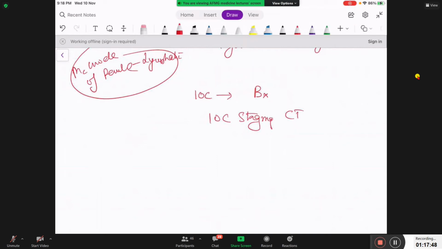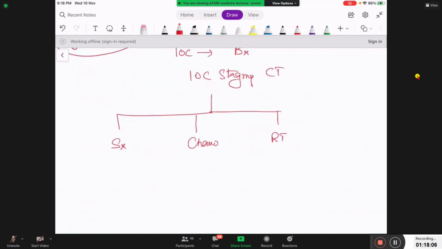Now, in management of penile cancer, we should know this. We have the option of surgery. We have the option of chemo. We have the option of radiotherapy. And we have the option of 5-fluorouracil cream also.